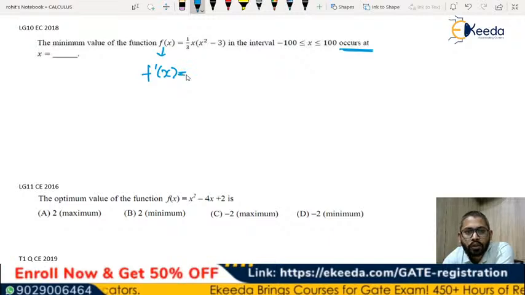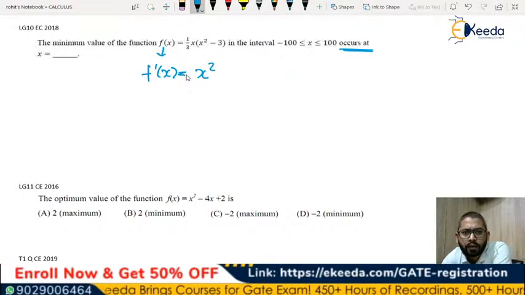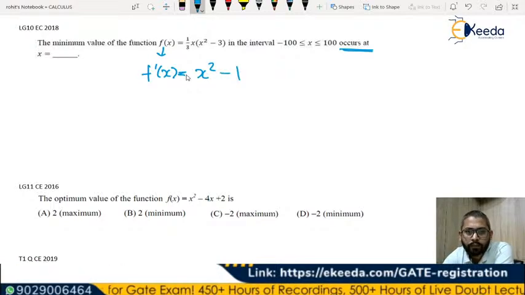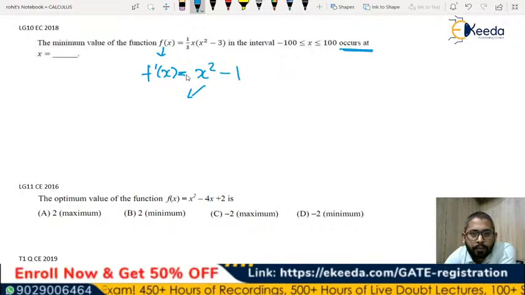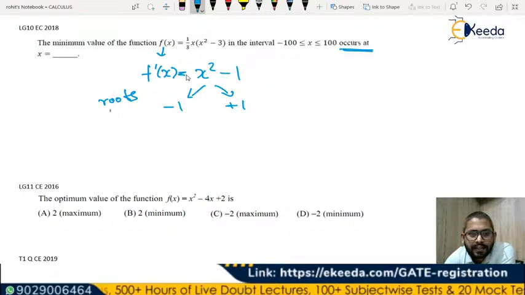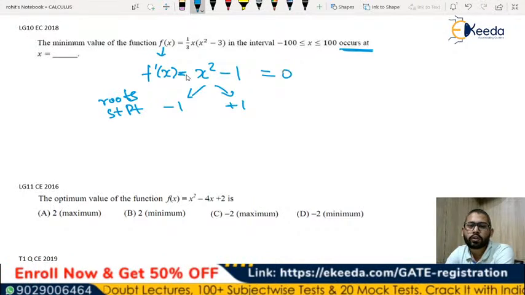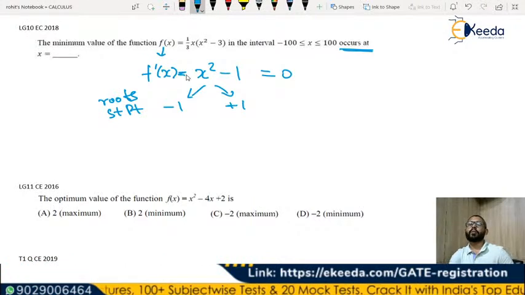F dash of x is going to be 3x square, so it is going to be x square, and minus 3x divided by x, so that will be minus 1. So the roots are plus and minus 1. Let's say minus 1, let's say plus 1. These are the roots, or you can say the stationary points, right? If you equate it to 0, you'll get these. These are the stationary points.